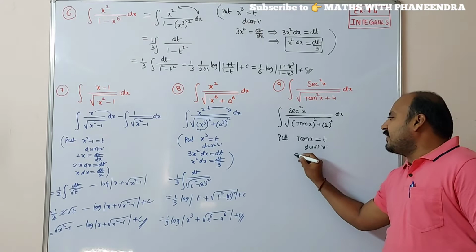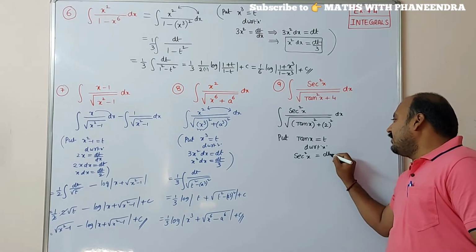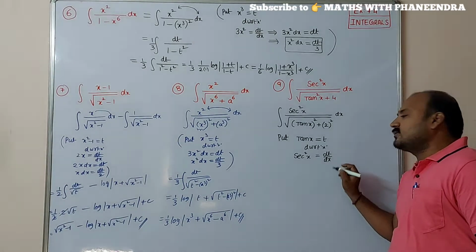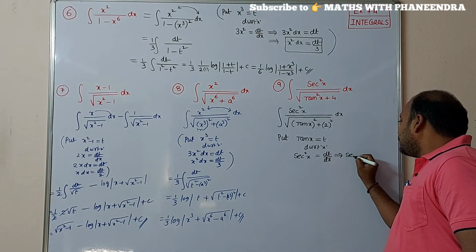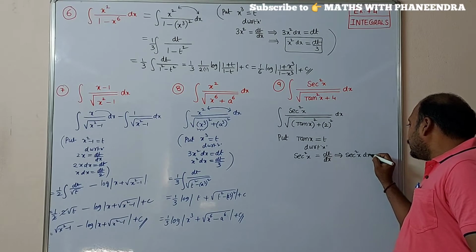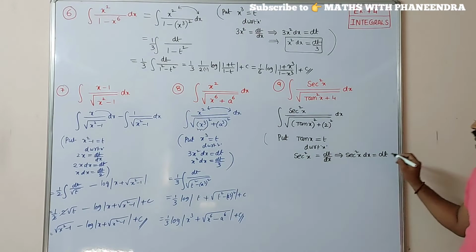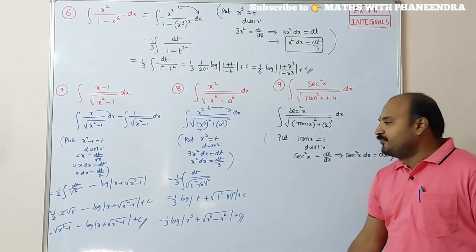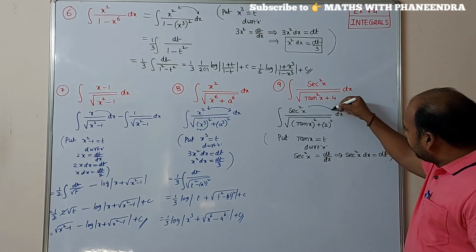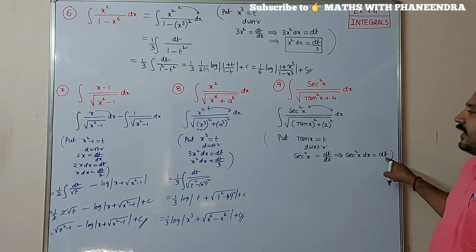So tan x derivative is secant square x, equal to t derivative with respect to x, dt by dx. So cross multiply, you will get secant square x dx is equal to dt. This information we need to write in the examination, dear students. So in place of secant square x dx, you replace with dt.